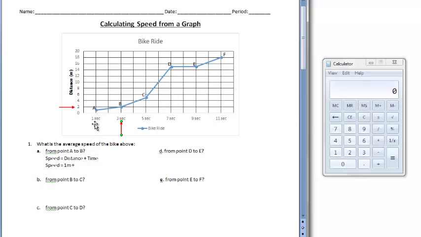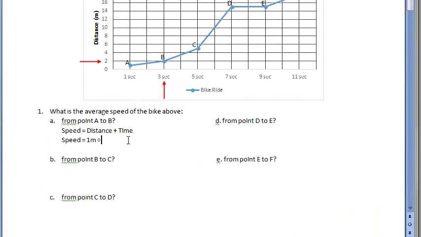The difference between 1 second and 3 seconds is 2 seconds. So it took 2 seconds to go from this point to this point. And again, you could just think about that, and if it makes sense to you, you'll realize that it's 2 seconds. Or for some people, it's easier to do a subtraction problem to think 3 seconds minus 1 second equals 2 seconds.